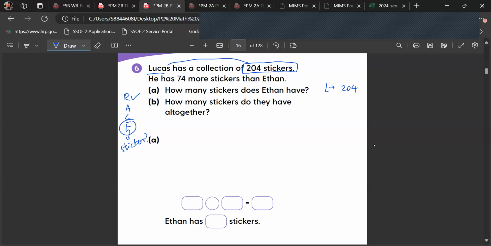Who is he? Lucas. Okay, very good. So I can replace the sentence with Lucas has more stickers than Ethan. So I know that Lucas is the bigger number. He has more. Ethan is the smaller number.